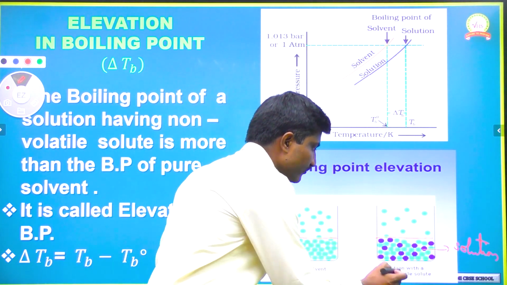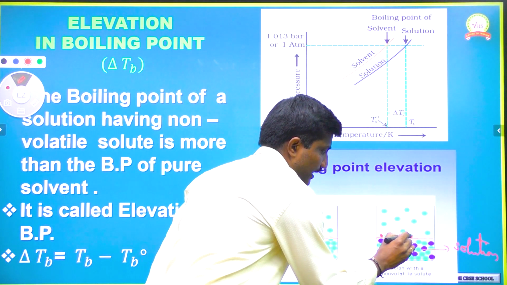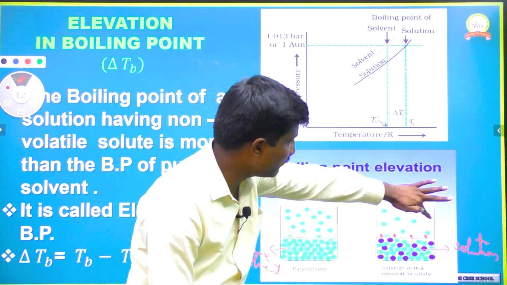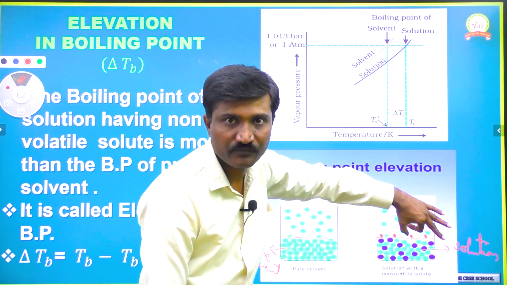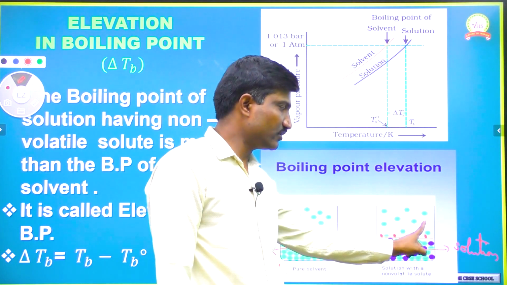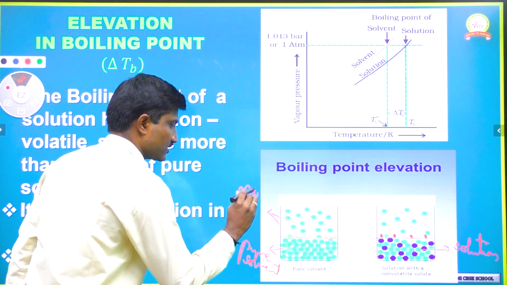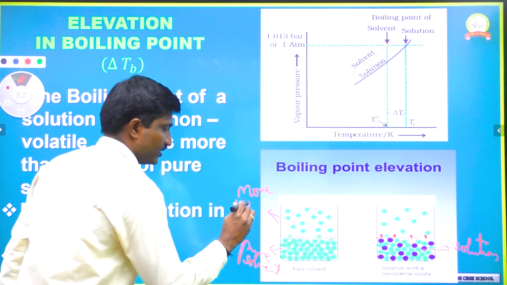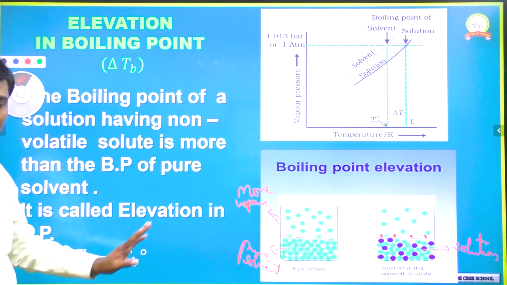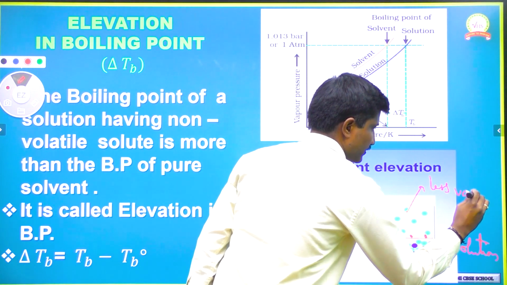But here, since some of the solute particles occupy the surface, the number of solvent molecules on the surface decreases, so automatically the number of vapor molecules coming from the solvent is less. So this one shows less vapor and this one shows more vapor. The pure solvent shows more vaporization, producing more vapors, but here fewer vapors are present.